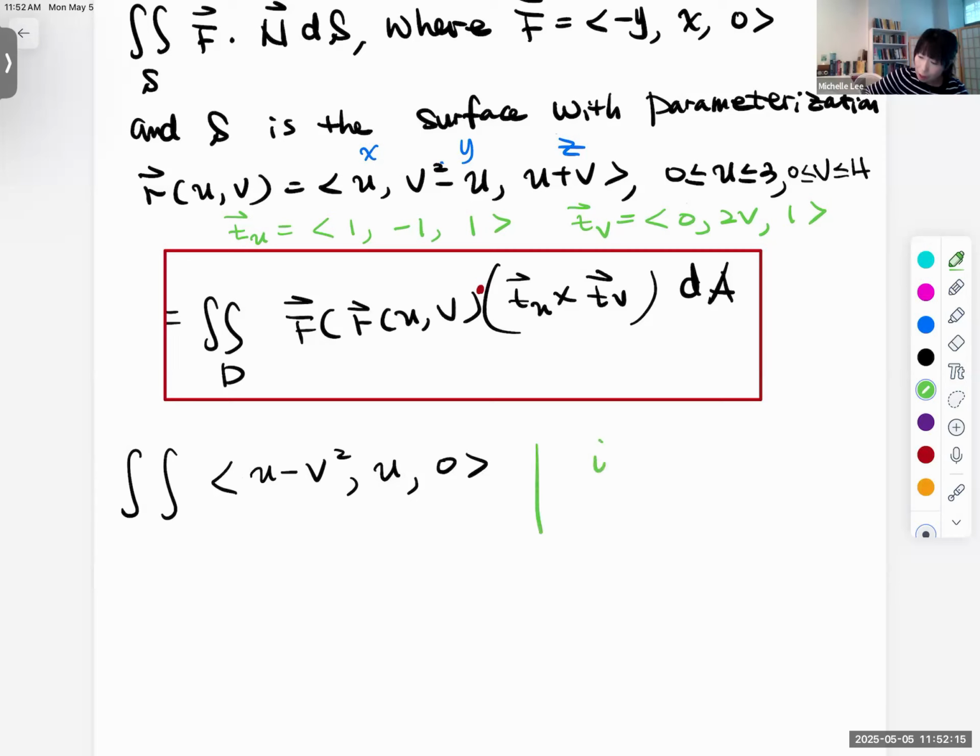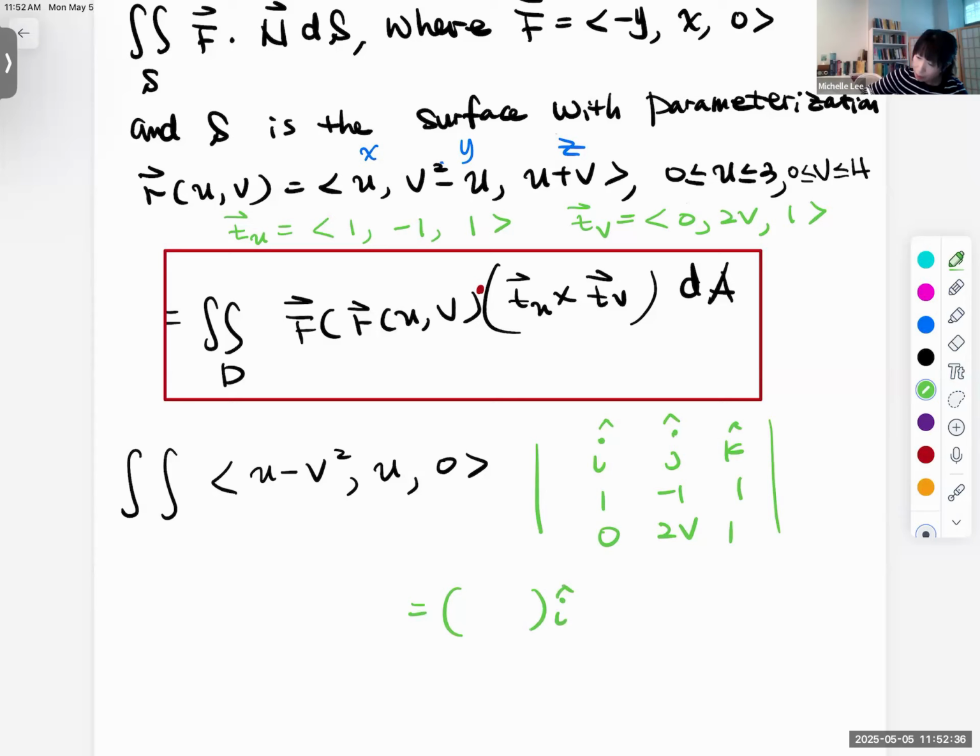So we have i, j, k, and then 1, negative 1, 1, 0, 2v, 1.